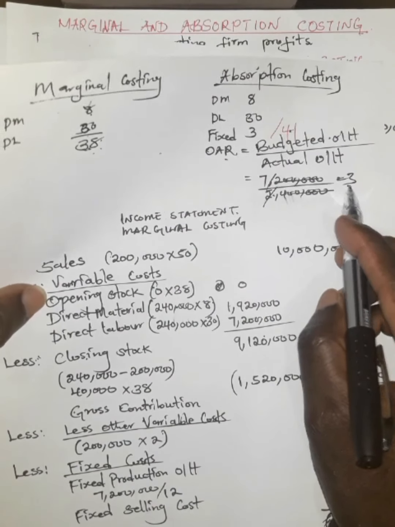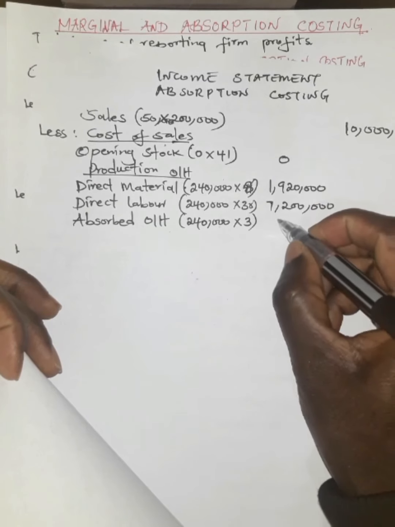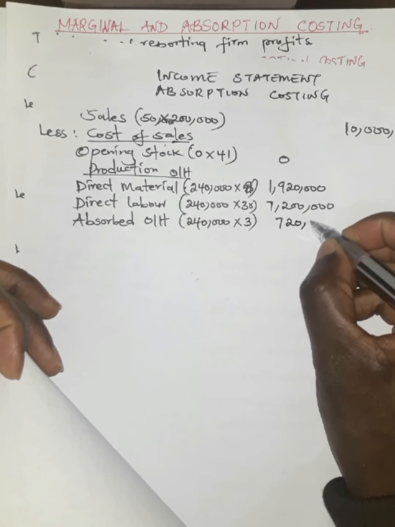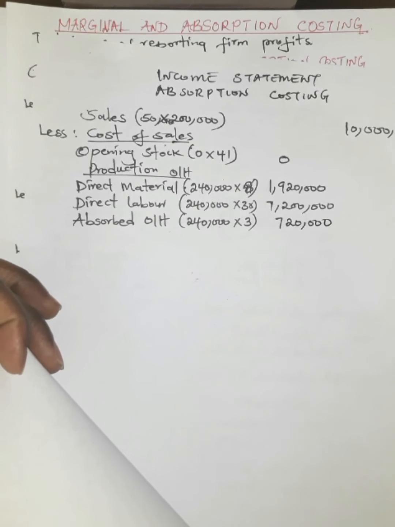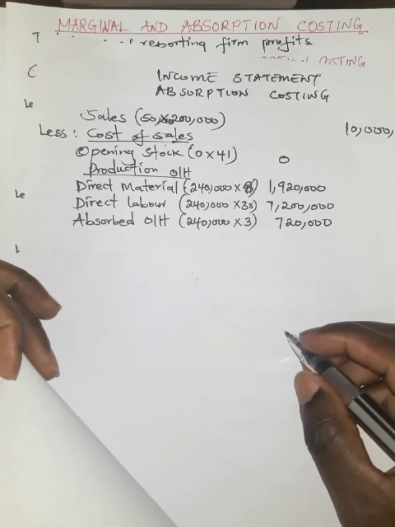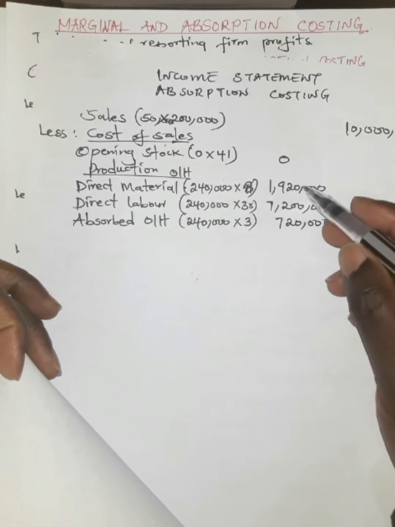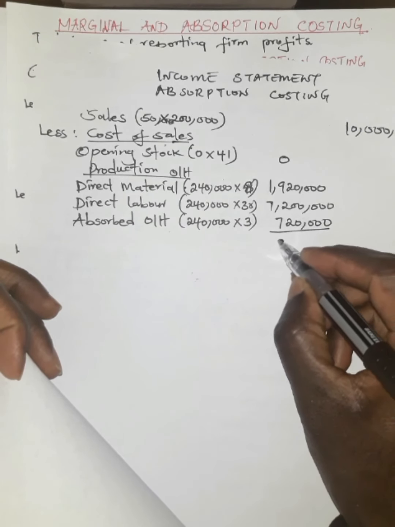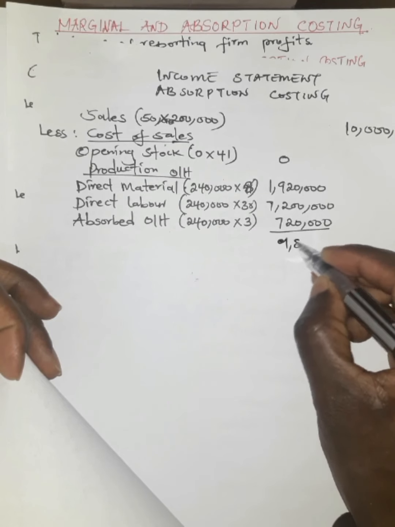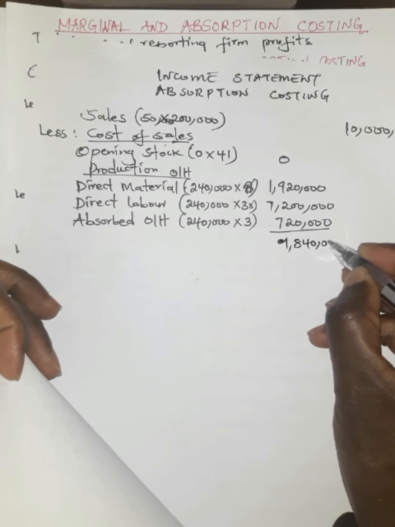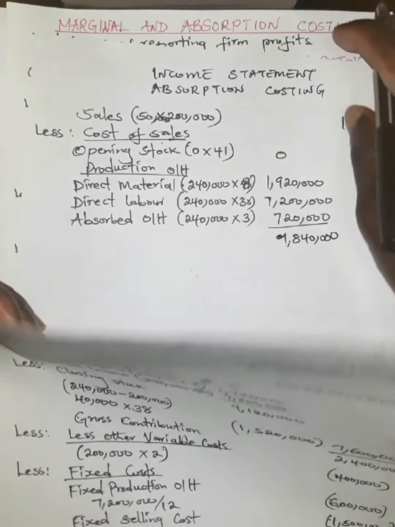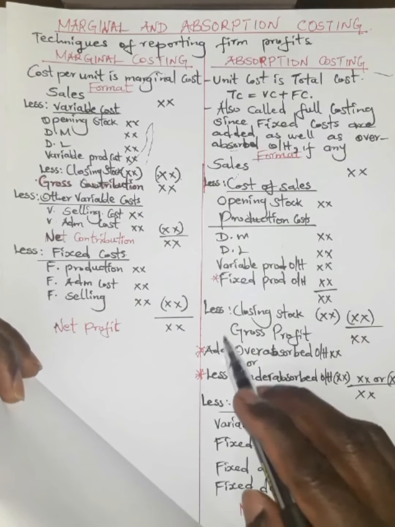So we get a value of 720,000. When you add these three, you're supposed to get a value of 9,840,000.